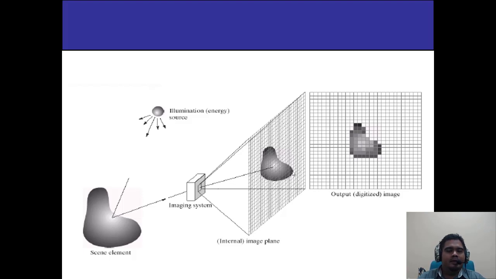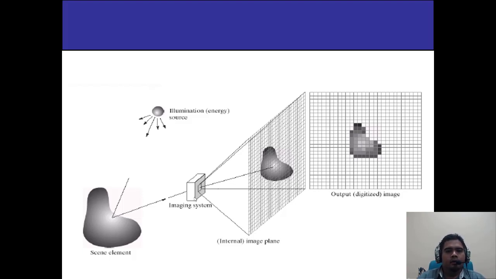One part inside the imaging system should have the capability to convert the analog signal into a digital signal, so that you can obtain your digital image. The imaging system here you can assume is your digital camera or your medical image modality such as CT scan, X-ray, MRI, ultrasound, and so on.